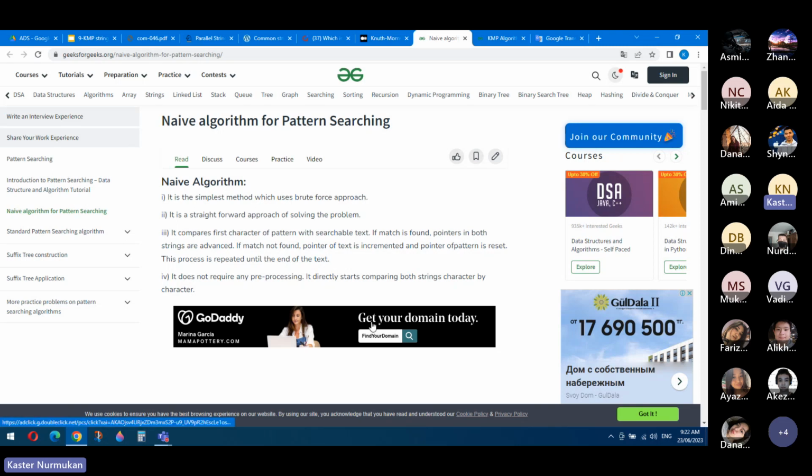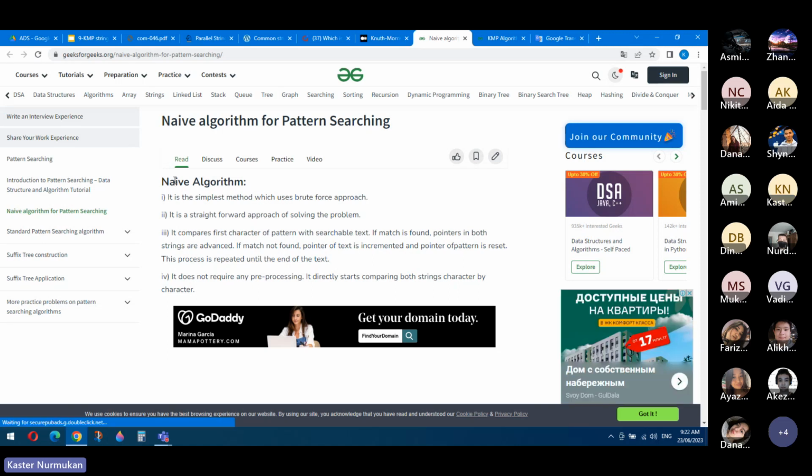So assume that you have 100 letters, and inside you're trying to find a word of length 5. If it doesn't exist, the naive approach is 5 multiplied by 100, which is 500 times complexity. But using KMP, it will be n plus m, which is 105 times complexity, very efficient linear time complexity. That's what we expected. That's a good one.